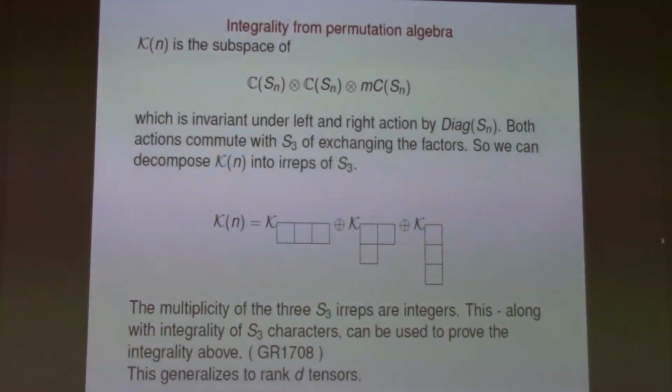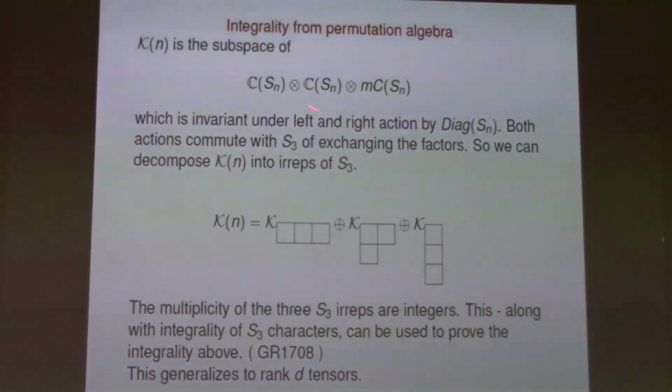And you can prove it by, again, thinking about algebras. Think about this permutation algebra, C of Sn, tensor C of Sn, tensor C of Sn, which is the subspace which is invariant under the left and right actions. That's an algebra K of n. But you see, this left action and this right action commute with this S3 action of permuting these 3 things.